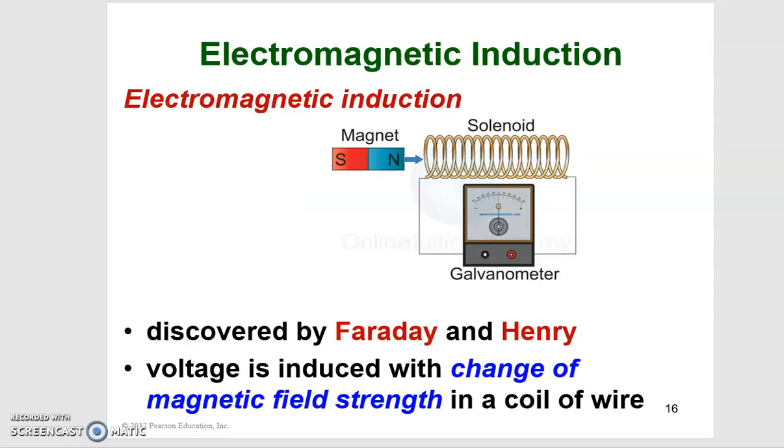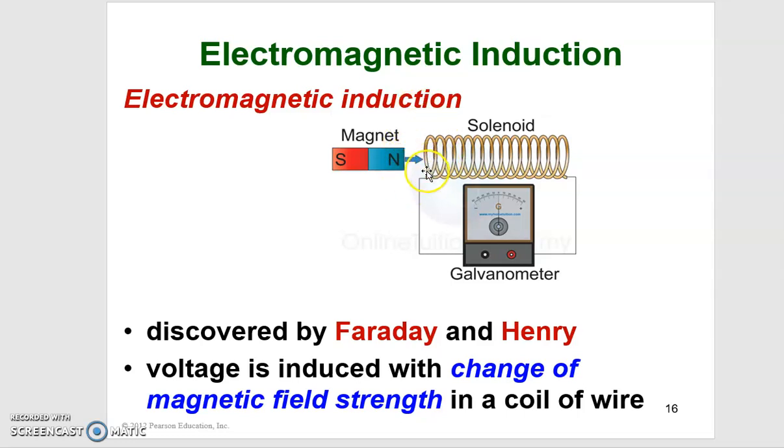Now, let me show you how to determine the directions. The direction of the induced current is this: nature does not like change. Originally there is no magnetic field here. If you insert a bar magnet, the magnetic field here becomes stronger and stronger.